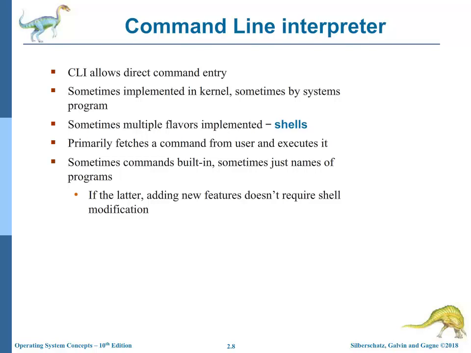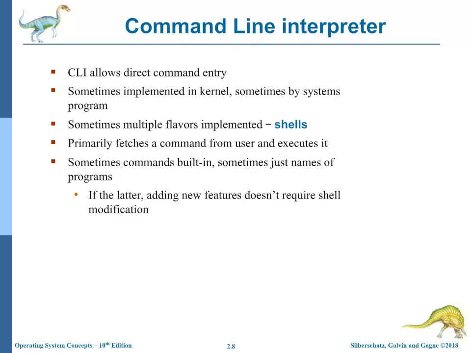Let's take a look at the user and the operating system interface. First, the command interpreters. The shell is a type of program called an interpreter. An interpreter operates in a single loop. It accepts a command, interprets the command, executes the command, and then waits for another command.